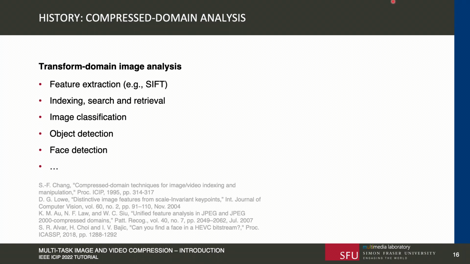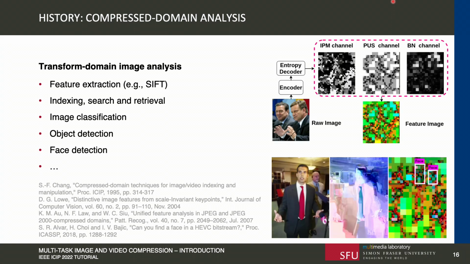So I'd like to give a quick example of how HEVC bitstream syntax can be used to detect faces. If we take a raw image and code it using BPG or HEVC intra and then entropy decode it, we can extract certain syntax information such as intra prediction modes, prediction unit size, and bin number per block.